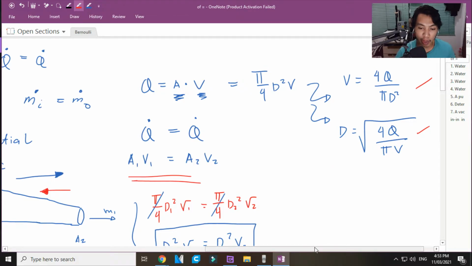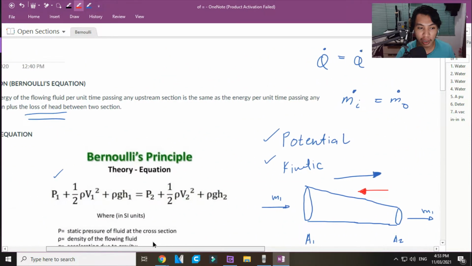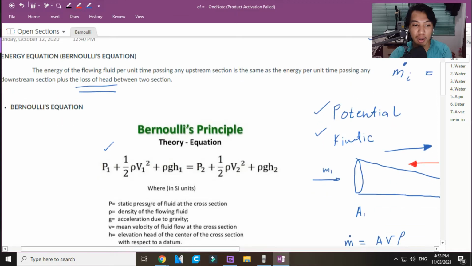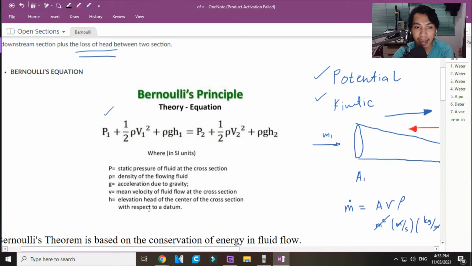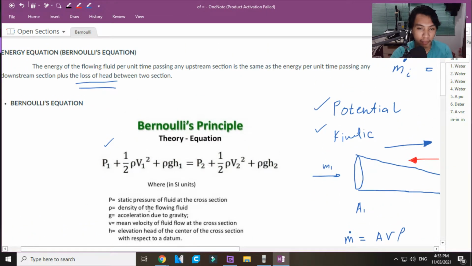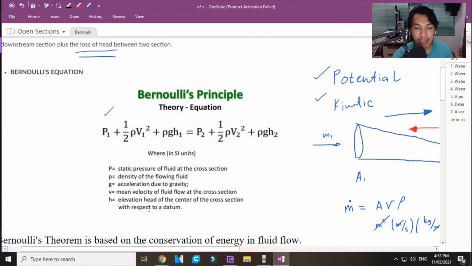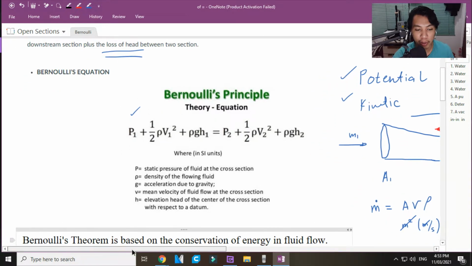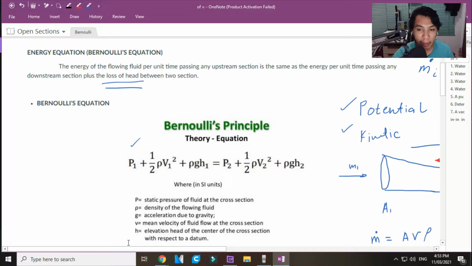What we are getting here in Bernoulli's Principle is always the head, the total head of your flow. That is what we need to determine in order to get the size of your pump. What do I mean by size? The power that your pump requires.